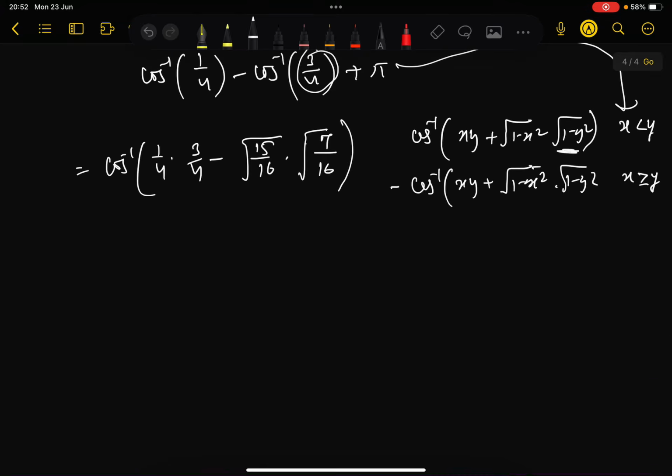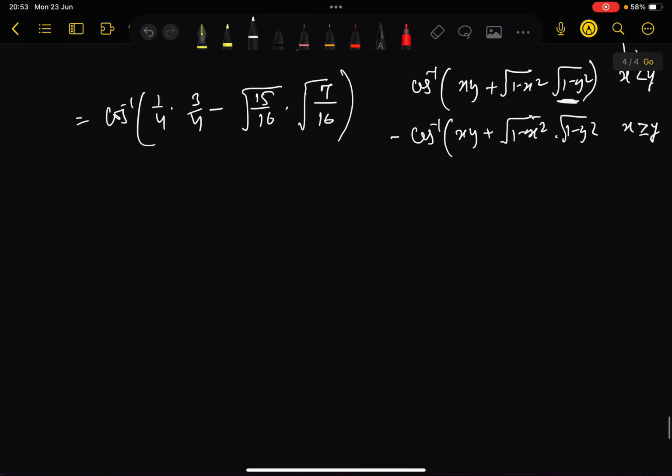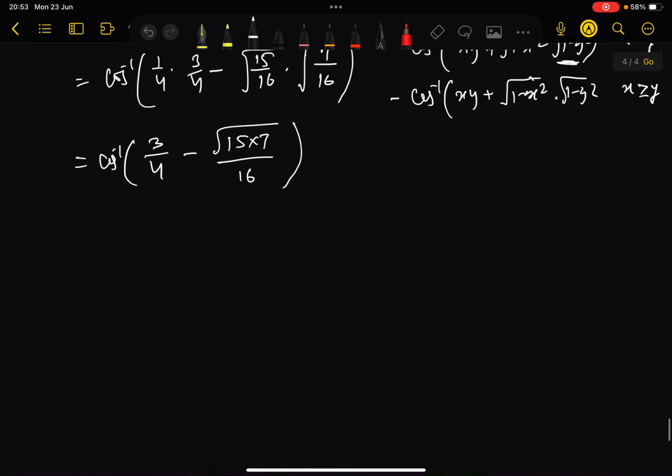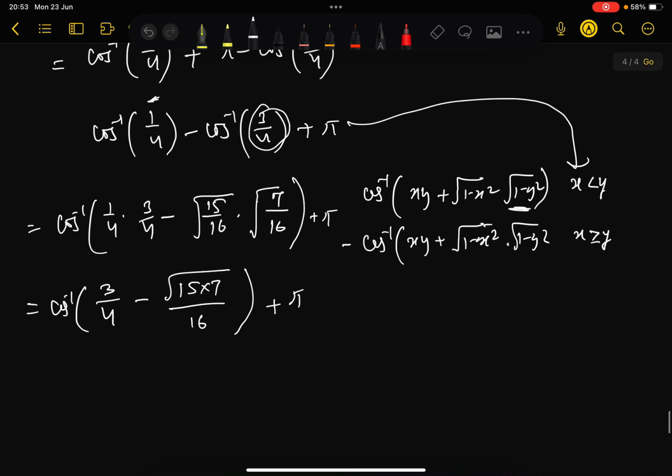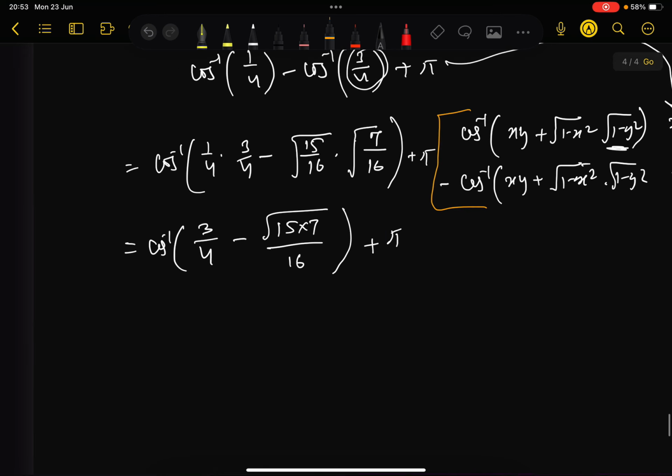So next, this is cos inverse 3 by 4 minus root of 15 into 7 by 16, plus pi. Yes, plus pi will also be there.